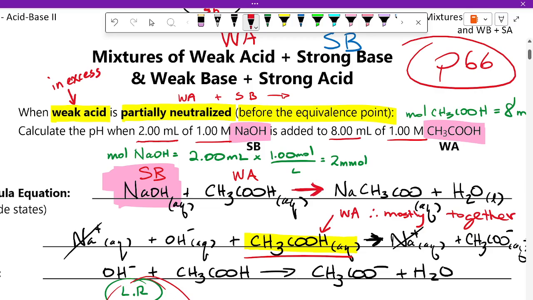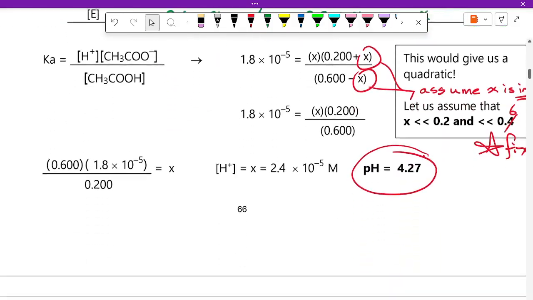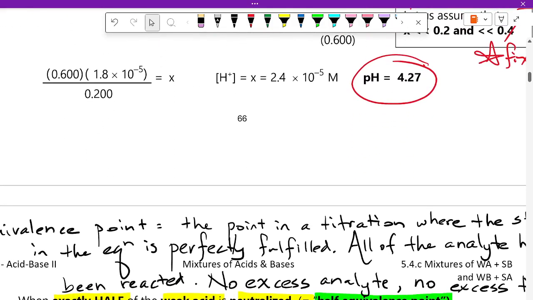Yeah? And then what we ended up with is some of this and some of that, and now we have an equilibrium. Does that make sense? So first we have a reaction that goes to completion, then we have an equilibrium set up by the remaining species. Okay? And like I said, this is not on your quiz on Friday because this is too much calculations and just kind of gross. Yeah? Okay.